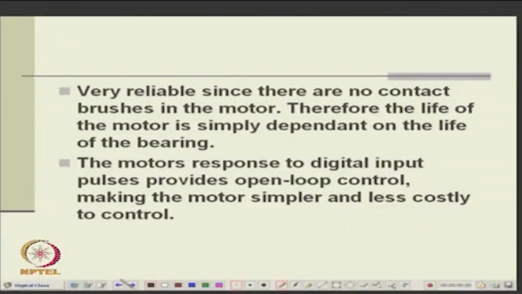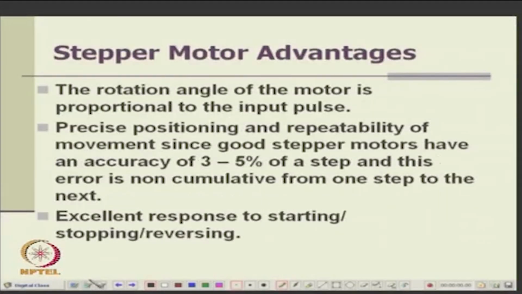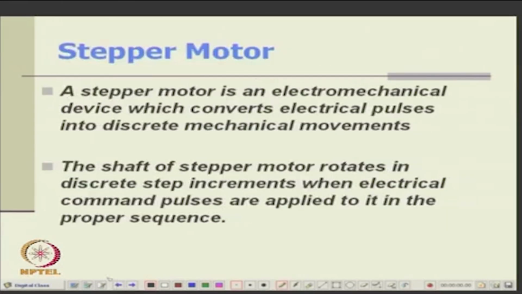This is more general. Let us go to the particular. What is the stepper motor? This stepper motor is an electromechanical device.